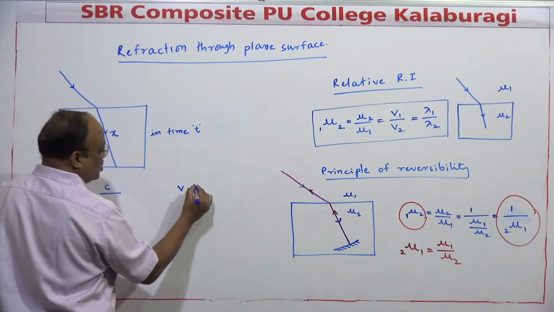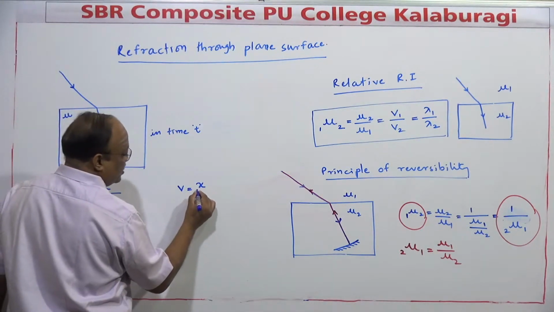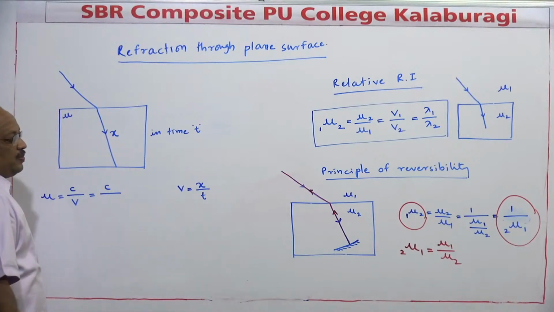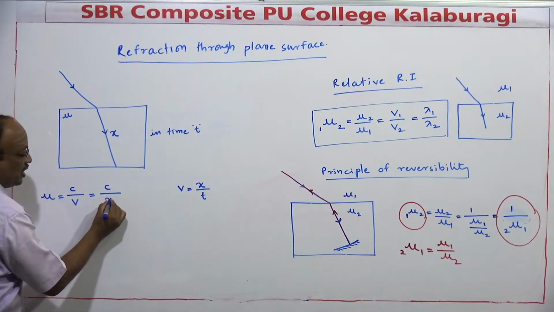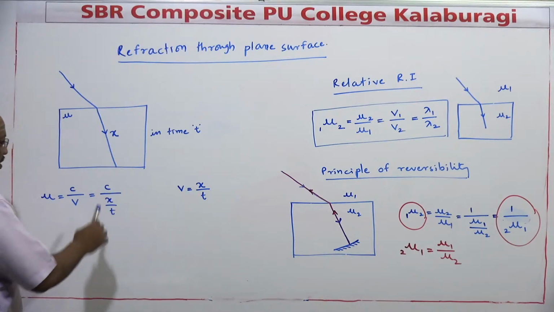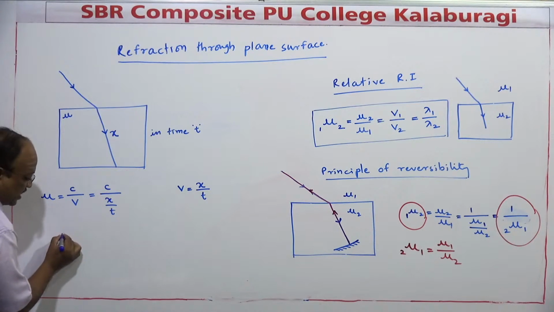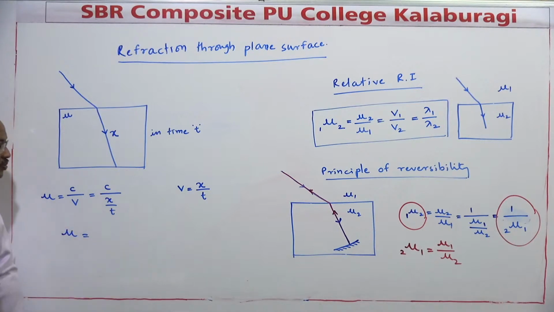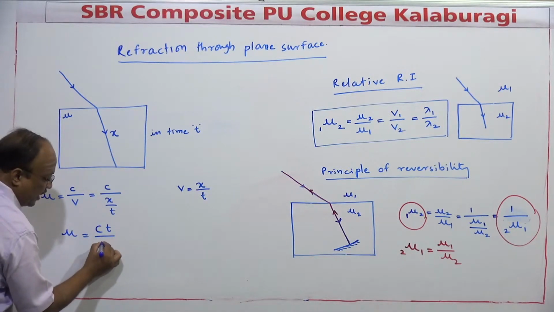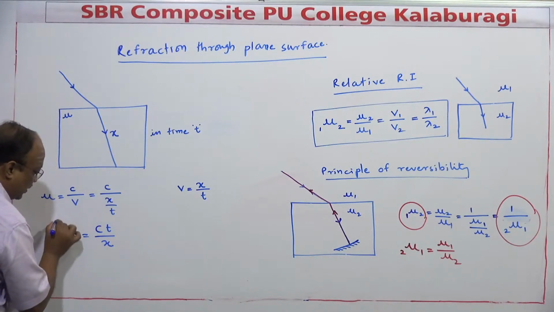What distance is it traveling? It is traveling a distance x, in a time t. So v is x by t. So I can write this as mu is equal to ct by x.